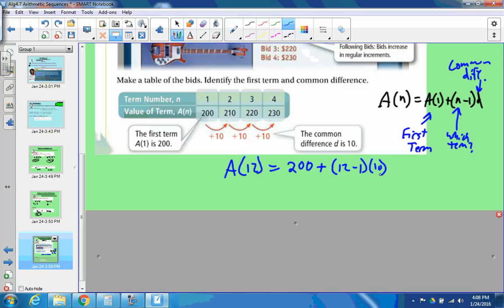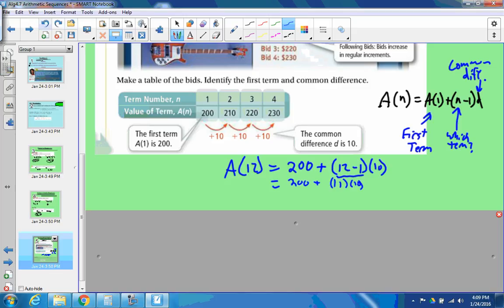All right, and really we're just doing order of operations to solve it. So parentheses first, we do this part first. So we do 200 plus 11, that's 12 minus 1 is 11, times 10. No exponents in there.